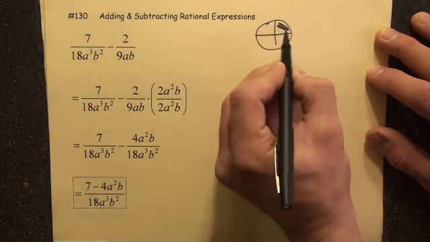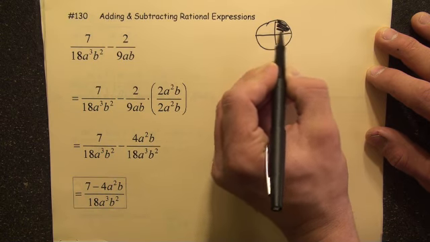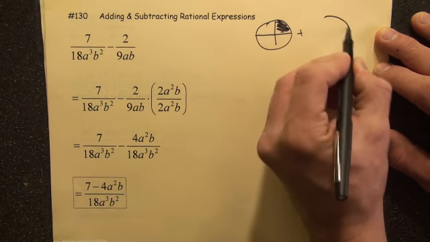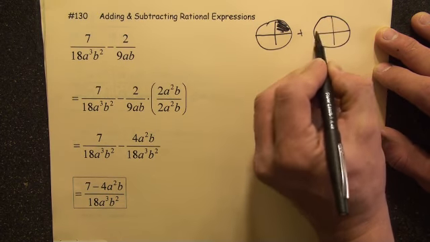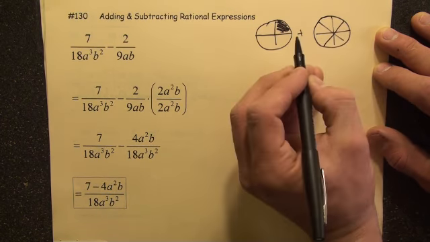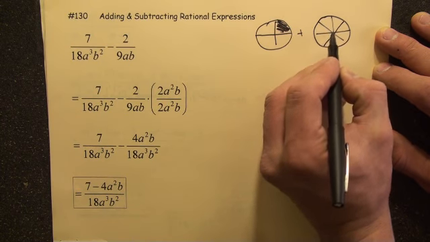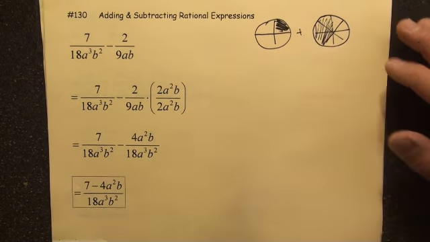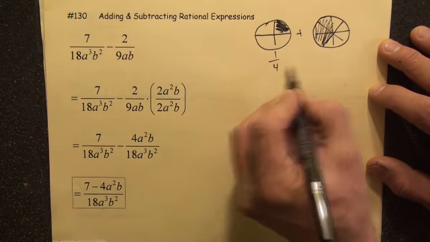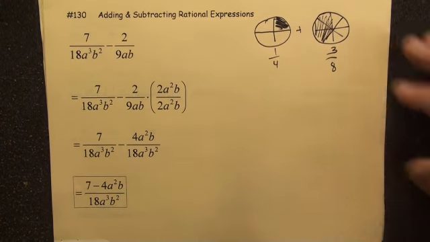This is 1/4 here. We're going to color in 1/4 of a circle, and add that to this area here, which would be 3/8. So we're going to take 1/4 plus 3/8.